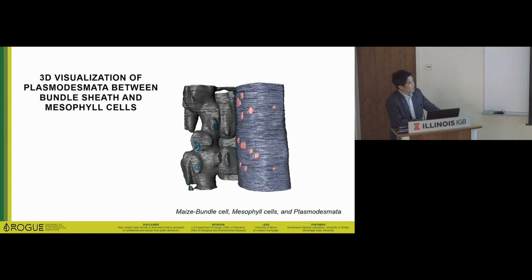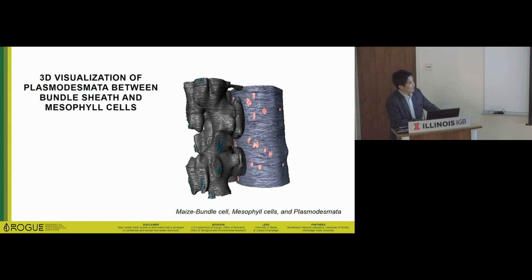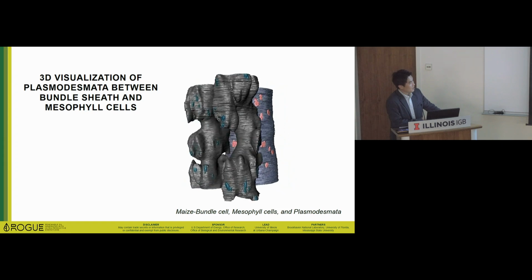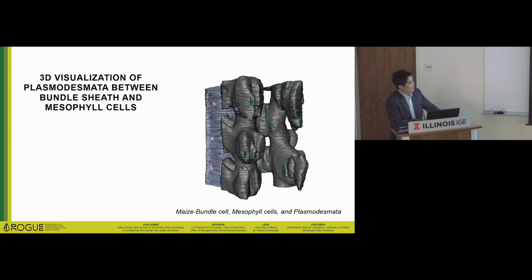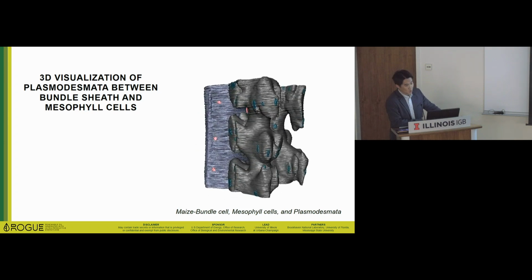This is attached to another mesophyll cell. They connect in the bundle sheath cell, and another mesophyll cell is also attached. Last Friday, I finished quantifying, counting how many cells and how many plasmodesmata connect the cells. Hopefully we can see any difference between the cells.